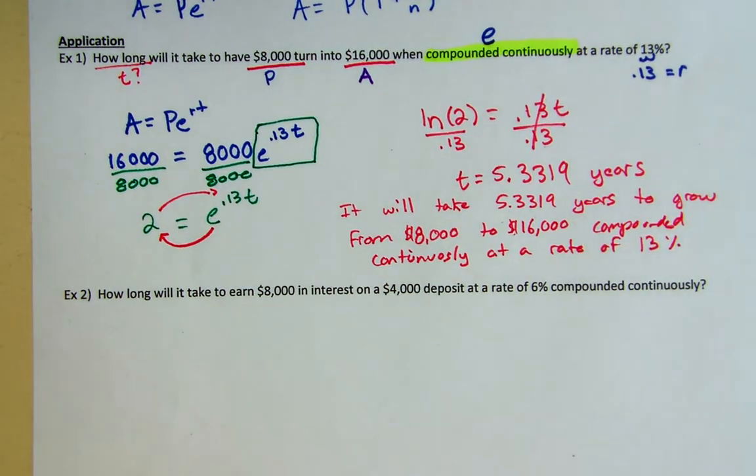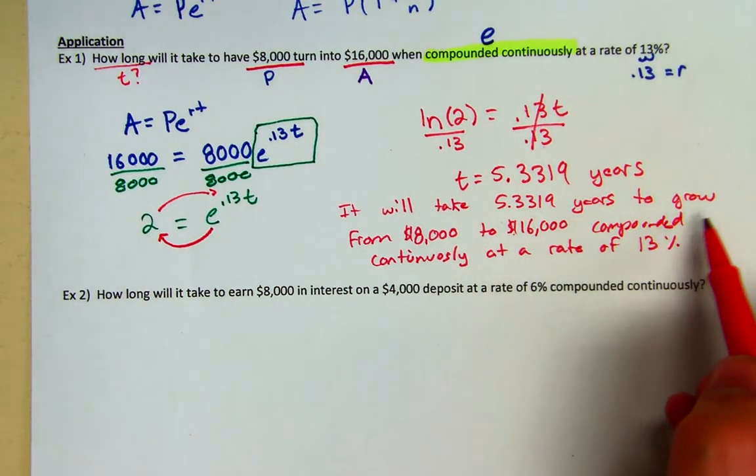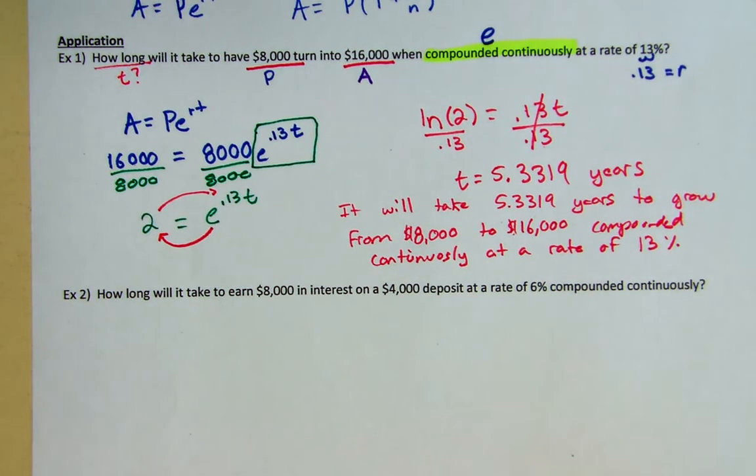Now again, you could probably shorten that to 5.3 years to grow from that to that. I'm not as picky about these sentences, just make sure you have some kind of complete sentence.